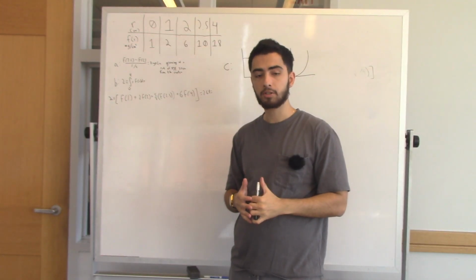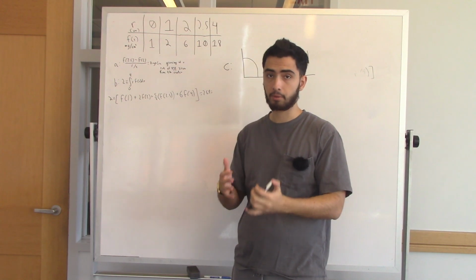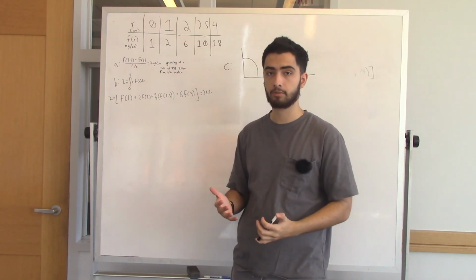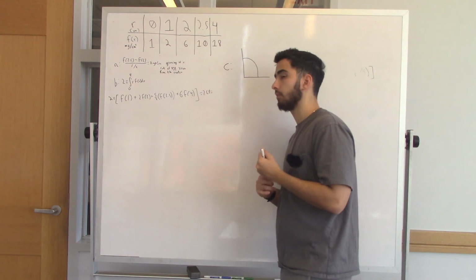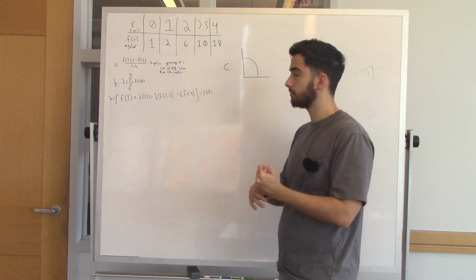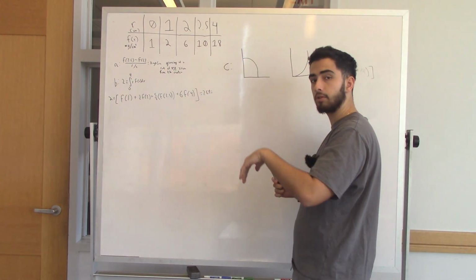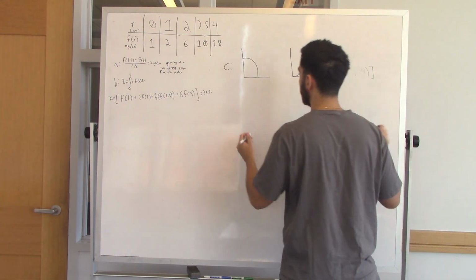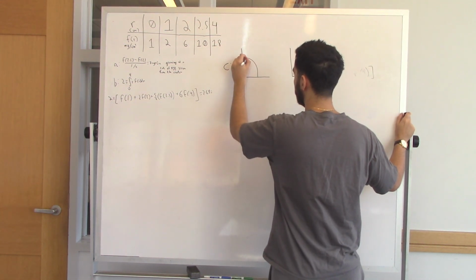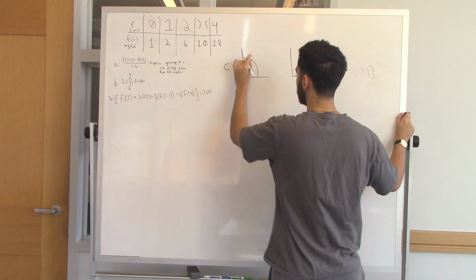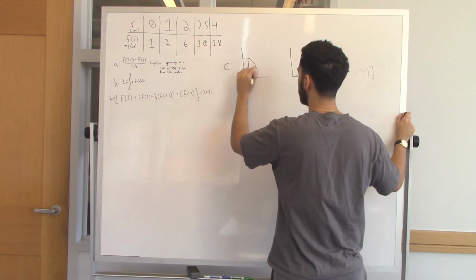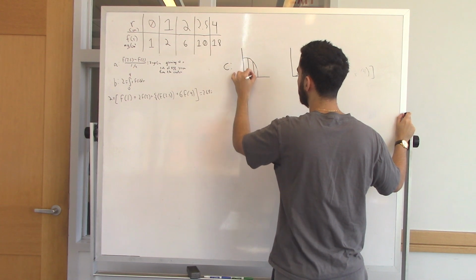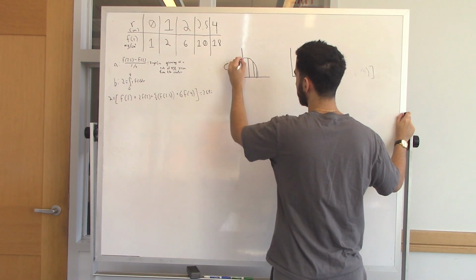Alright, now for part C, we're asked to find if our answer from part B overestimated or underestimated the actual mass. So first, let's just visualize this. We're going to have either a function that's increasing or decreasing, right? And we did a right Riemann sum. So if it's a decreasing function, let me curve it a bit more, and these are subintervals.